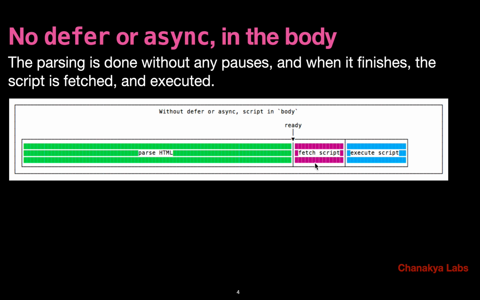And as you know, with HTTP2 there can be multiple parallel fetches apart from the execution which is going on in some other thread. Which means that while the parsing of HTML is going on, the browser can parallelly fetch the script in some other thread and be ready with it, which means it has already downloaded it, but it executes it just after that. So that is one way where it can be optimized, right?